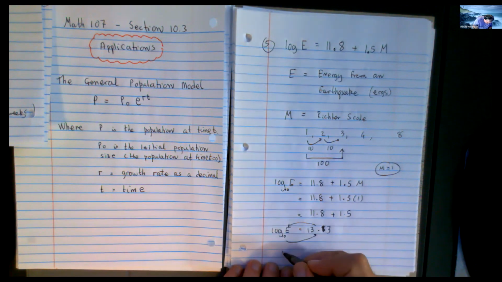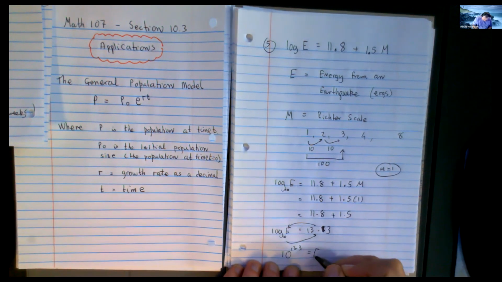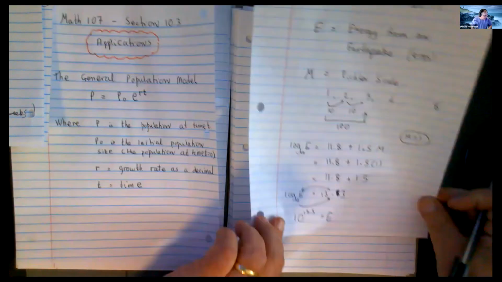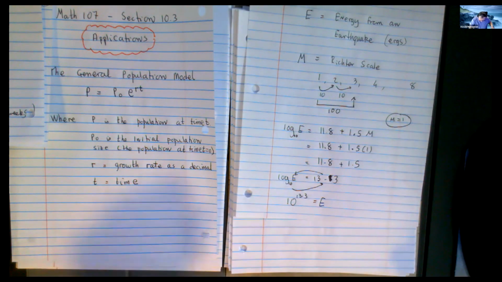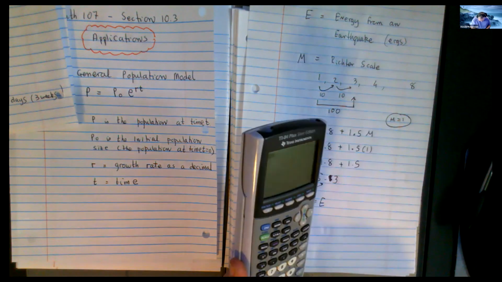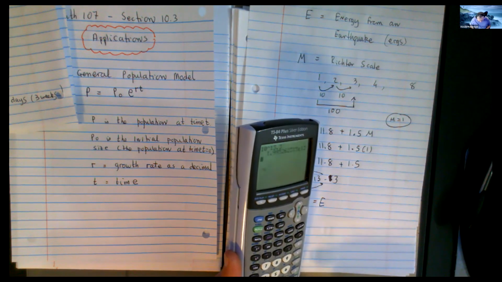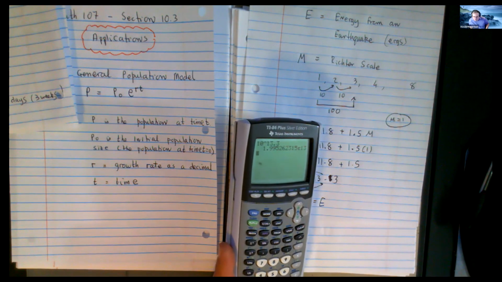So 10 to the power of 13.3 is equal to E. And that is a scarily big number. It's 10 to the power of 13.3, and that isn't even actually the number, it's got an E at the end.